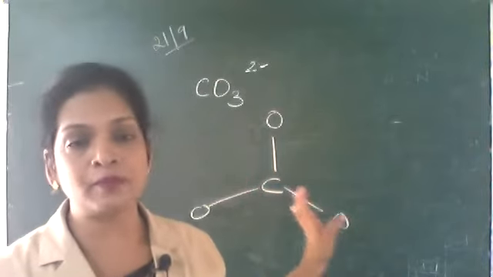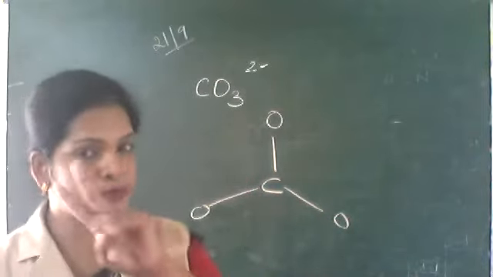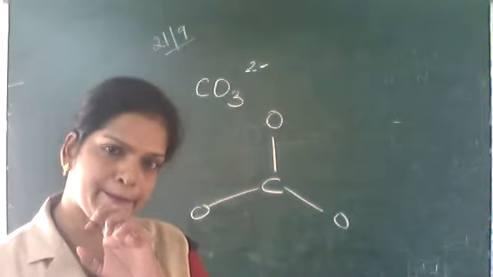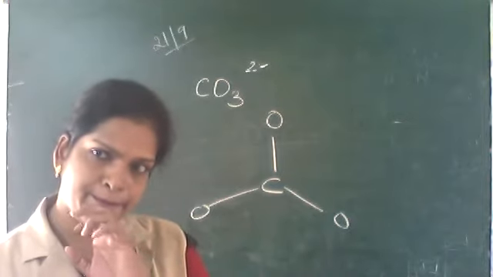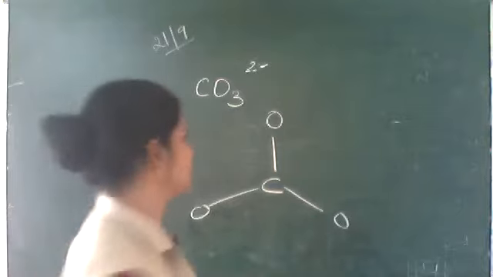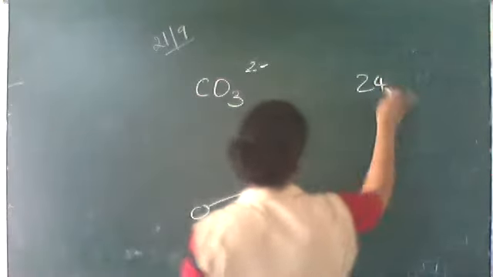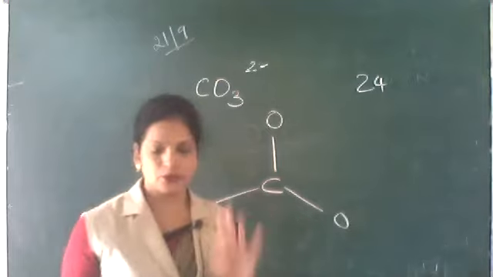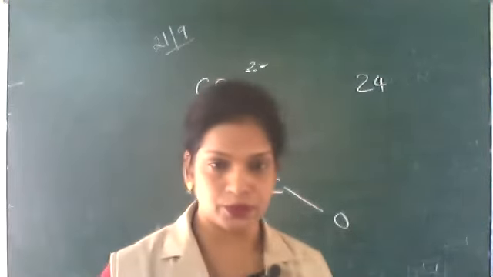So minimum one bond should be there. One bond means 2 electrons. Total how many electrons did you calculate? 24. Out of 24, 2, 4, 6 used up.